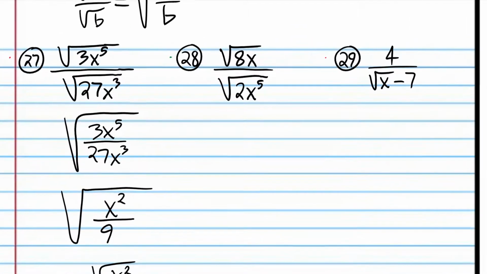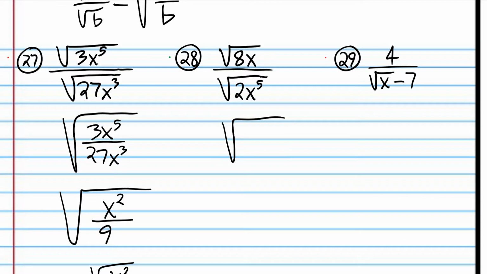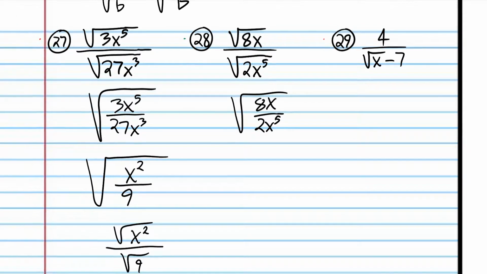All right, we're back. So we have root 8x over 2x to the 5th. And we're going to reduce that. 8 over 2 is just 4. And the x's cancel, and you end up with 4 x's in the bottom. And you might say, well, I don't know how to do that. How do I get 4 x's in the bottom?